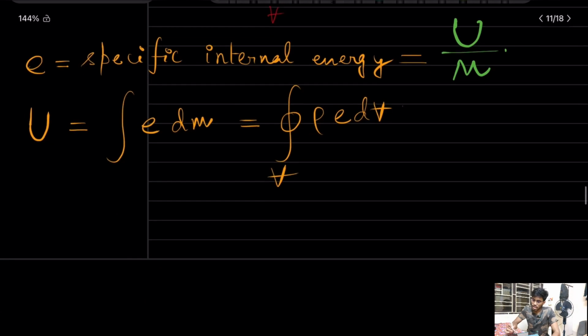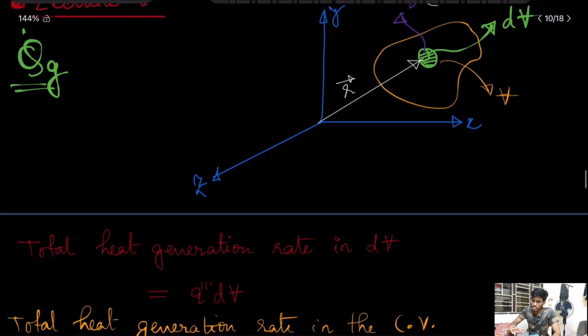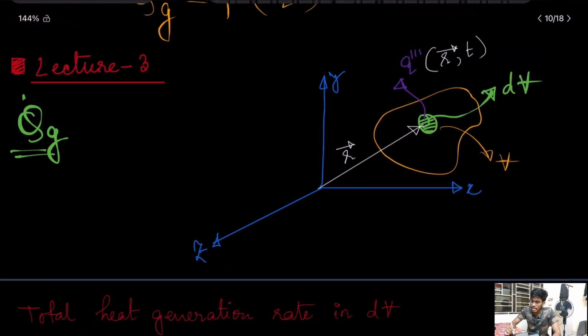Now this e can be a function of what? This e can be a function of the position vector. Consider the same concept here, that I have the elemental volume dV here. So the local internal energy e of this elemental volume dV will obviously be dependent on the position vector and the time.